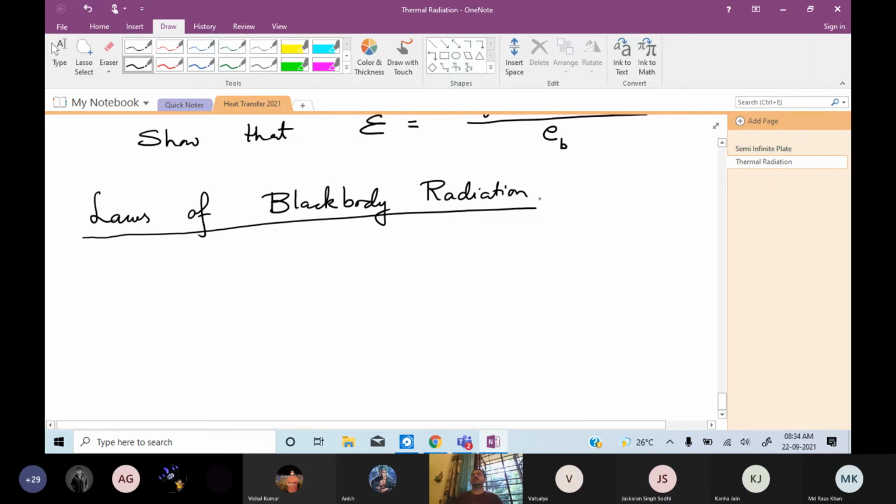Traditionally, they're called so. We cannot do much, but as I said, it is the radiation characteristics of a black surface. There are 3 such laws, and you have heard about all of them.